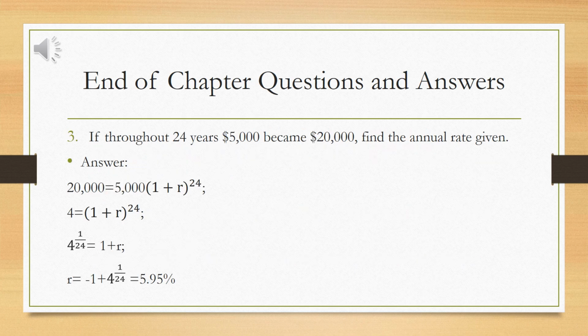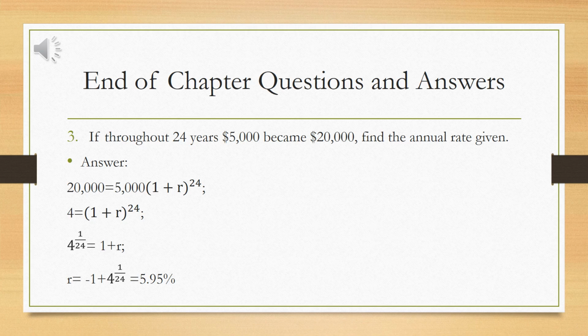If throughout 24 years, $5,000 became $20,000, find the annual rate given. The annual rate is R. Future value is $20,000, present value is $5,000, and T is 24.